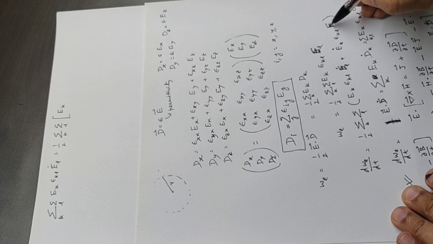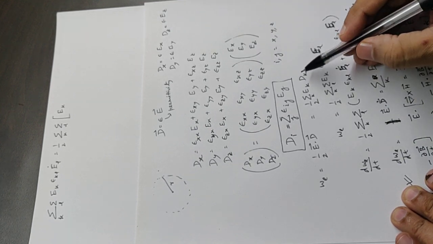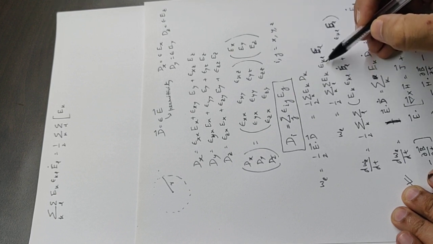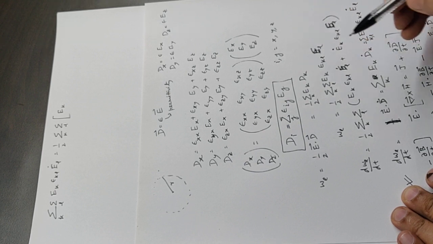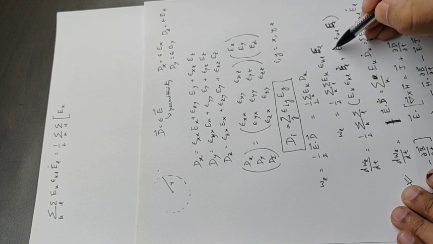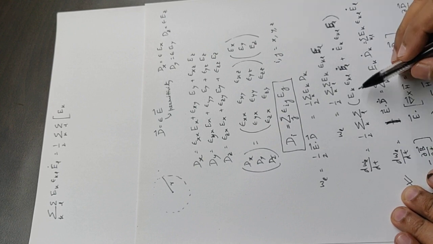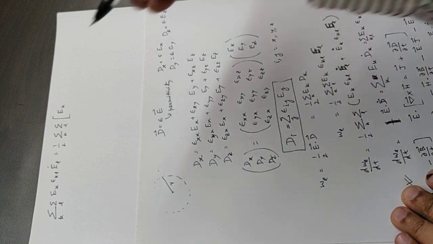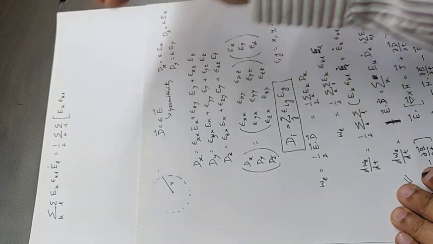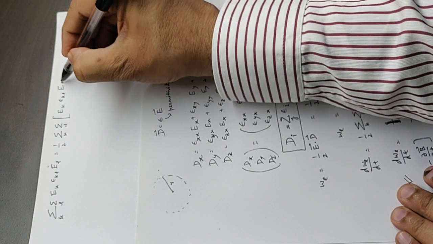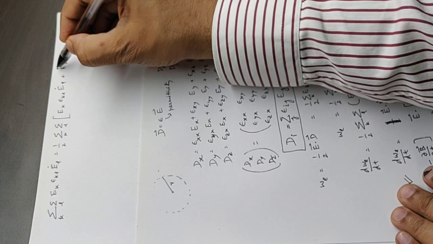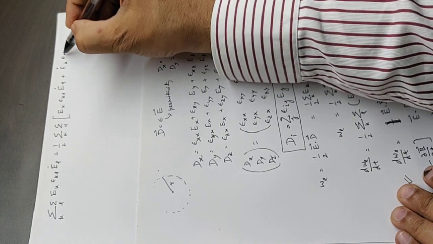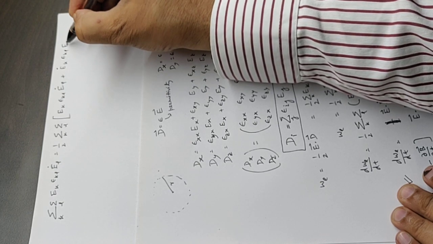Let me take this liberty, because dk was epsilon KL EL, not DL. So EL dot over here, Ek dot over here. So this is Ek epsilon KL EL dot plus Ek dot epsilon KL EL.